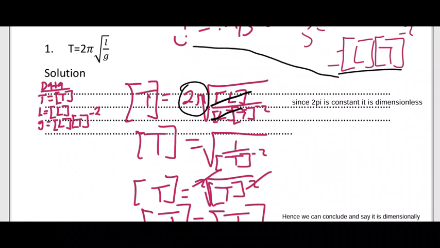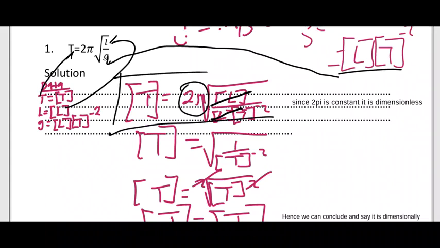After substituting these values, you substitute this value there, then this one there, then this one there. After doing your substitution, this is what we got. Then L is going to cancel with that L.